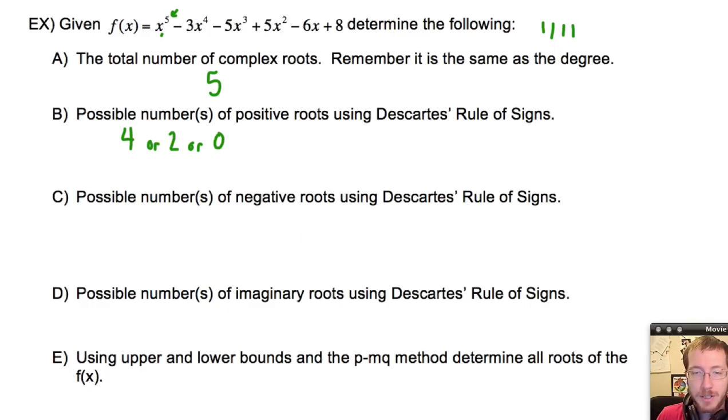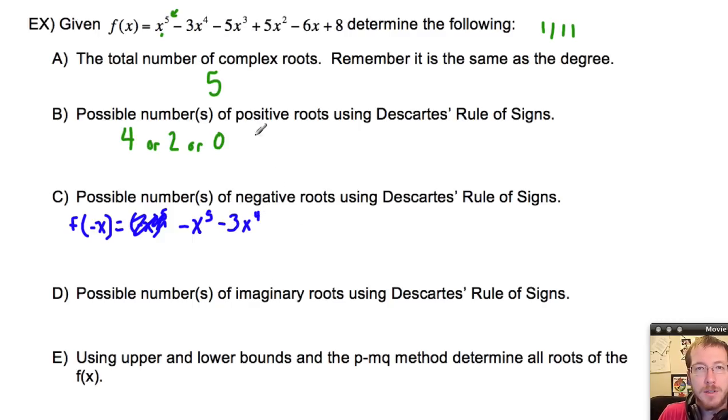Okay, so negative roots, we need to find f of negative x. So if we plug in negative x for each of our terms, and actually let's do this the shortcut way. Any odd powers, it's going to change the sign. Any even powers is going to not change the sign. It's a nice little shortcut.